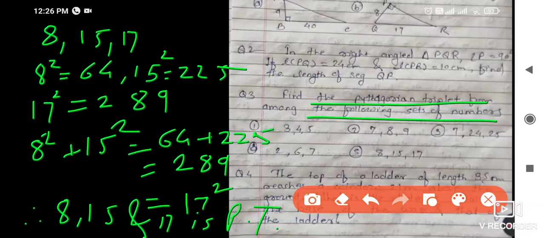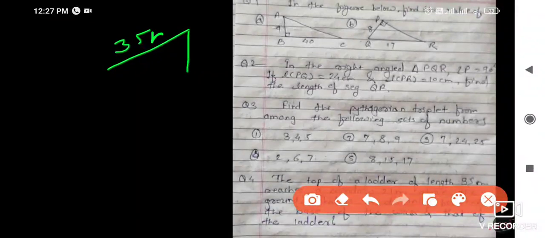Now let's move towards question number 4, the last question. The top of a ladder of length 35 meters reaches the window at 21 meters. For this we have to draw the figure. There is one ladder whose length is 35 meters, and the window is at a height of 21 meters, and we have to find the distance between the ladder and the wall.